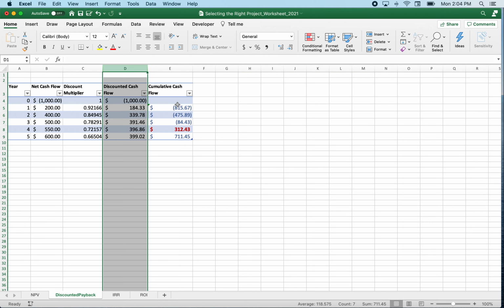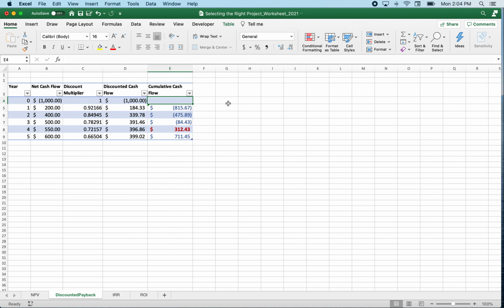So really, the way this calculation works is we take whatever we have in year 0, and in this case, it's a negative value because it's an expenditure. We've spent $1,000 developing this widget. In year 1, we expect to see revenues of $200. But understanding that we have to convert that future value into a present value, it's closer to $184.33 in terms of today's dollars.